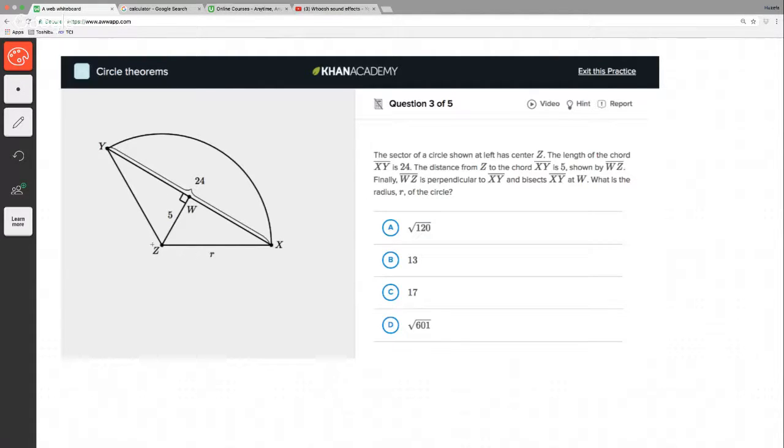The distance from Z to the chord is 5. Okay. Finally, WZ is perpendicular, right? It makes that right angle perpendicular, and it bisects XY. So the only thing I could add is this guy's 12 here, and this guy's 12. Bisect means it cuts it exactly in half. What is the radius of the circle?